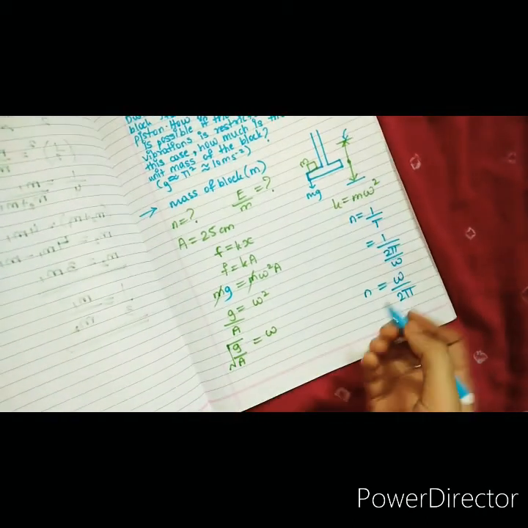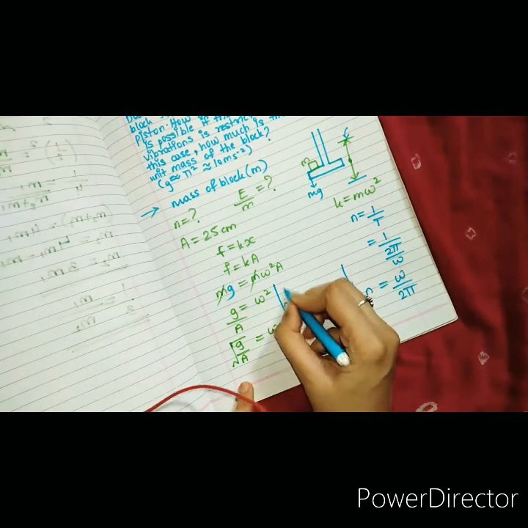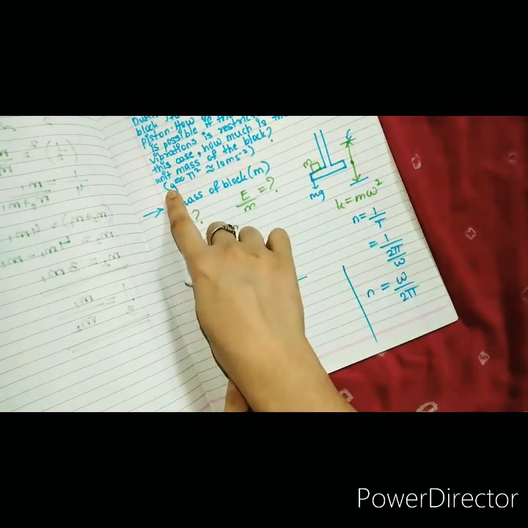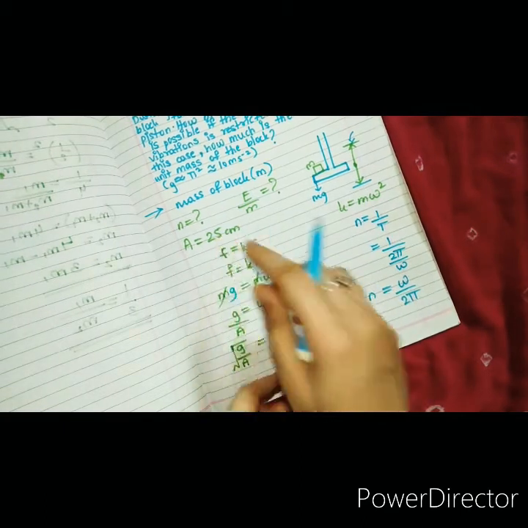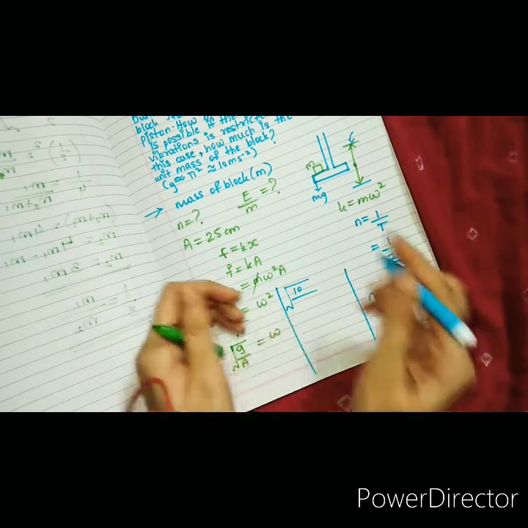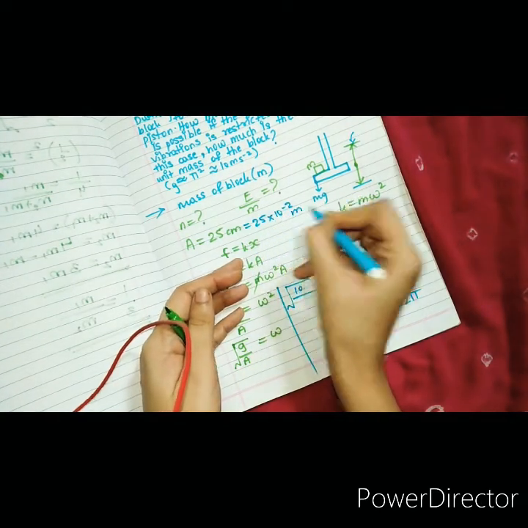Okay. So now let's do substitutions. What is G approximately? 10. And what is A? It is 25 centimeter. We'll convert it into meter. So it will be 25 into 10 raised to minus 2 meter.